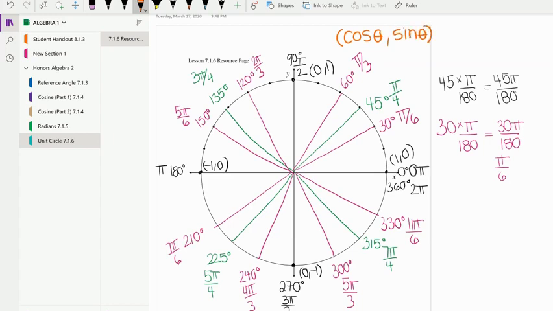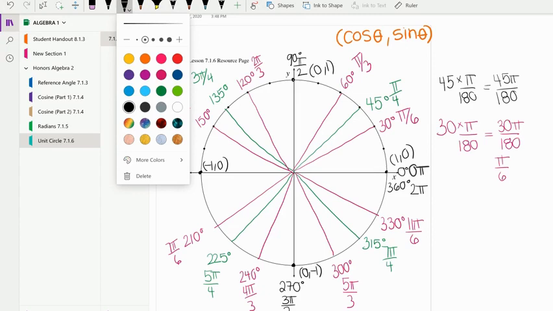So for example, when I'm starting with 30, I need to find the cosine of 30, which will be the x value of the point, because that's the horizontal distance, and then I need to find the sine of 30, which will give me the y value of that point, or the vertical distance. We'll do it for the first couple by doing our special triangles.